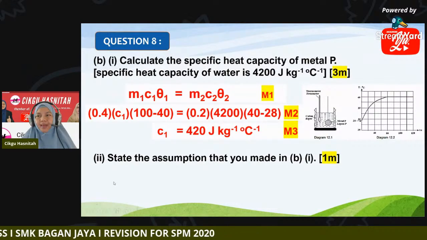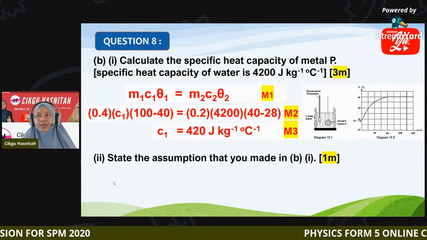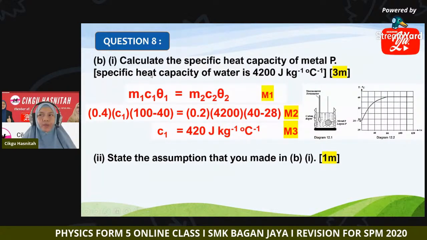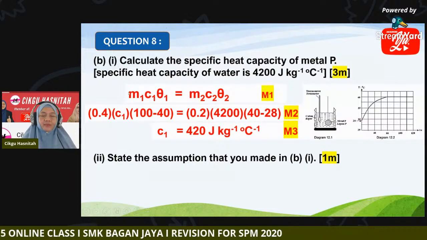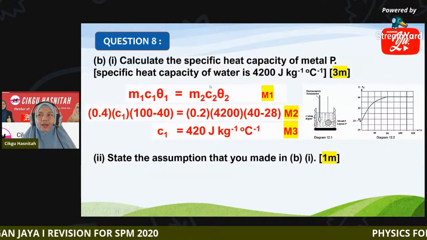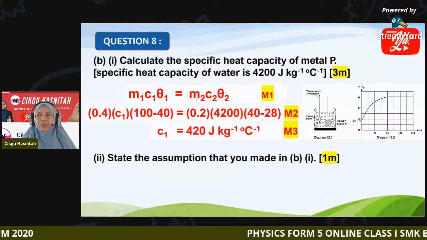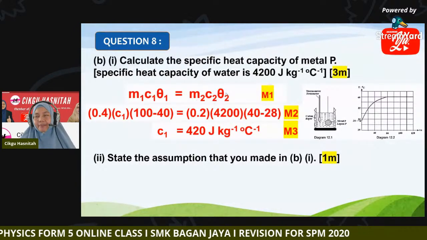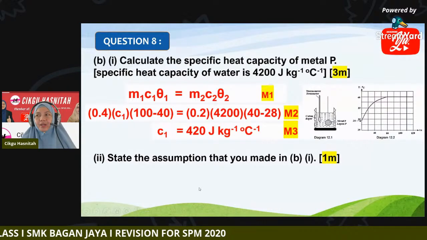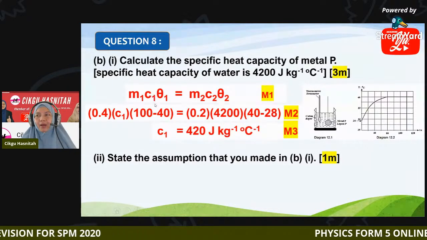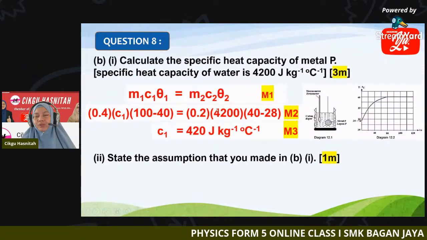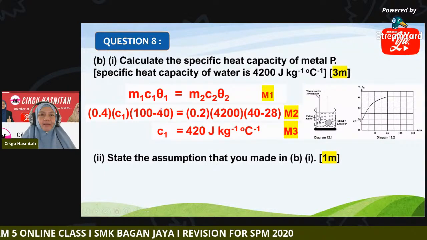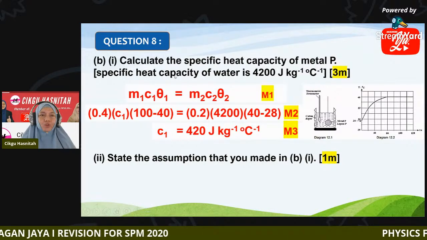After that, you have to state the assumption you made in B1. What is the assumption we made when we say m1 c1 theta 1 equals m2 c2 theta 2? Correct, Barry. Thank you, Vinci. It means that 100% of the heat released by the metal will be 100% absorbed by the water.